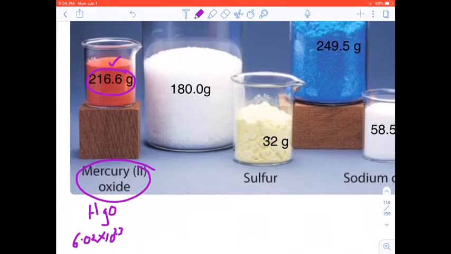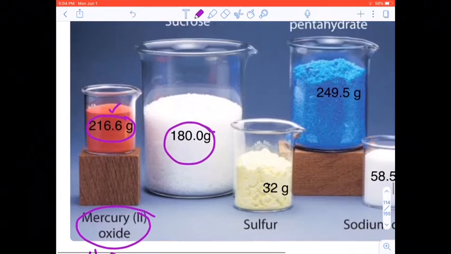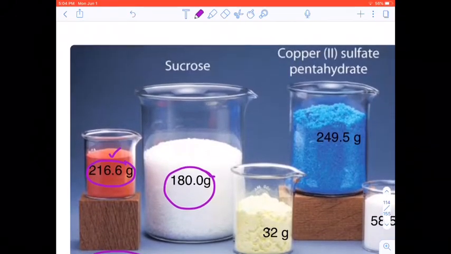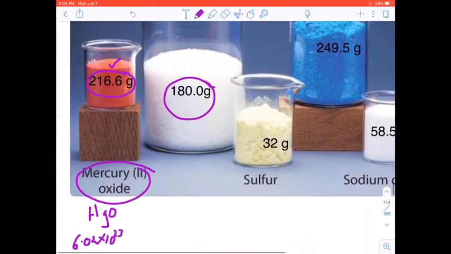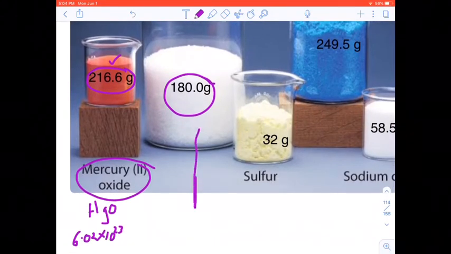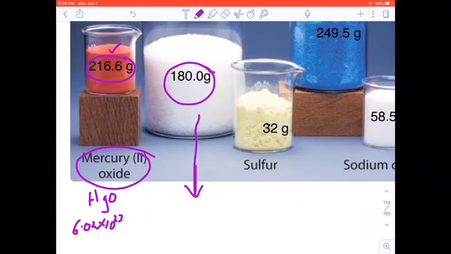If I take 180 grams of sucrose, I can say in 180 grams of sucrose, I've got 6.02 times 10 to the 23 molecules of sucrose.